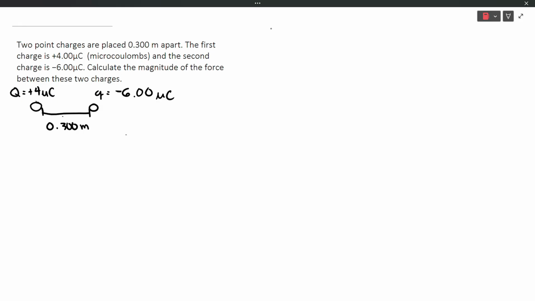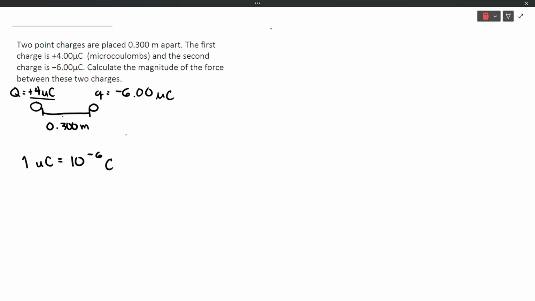So before we proceed, of course, this is in microcoulomb. Therefore, we need to convert our values into their SI unit. The SI unit of charge is the coulomb. 1 microcoulomb is equal to 10 raised to negative 6 coulomb.